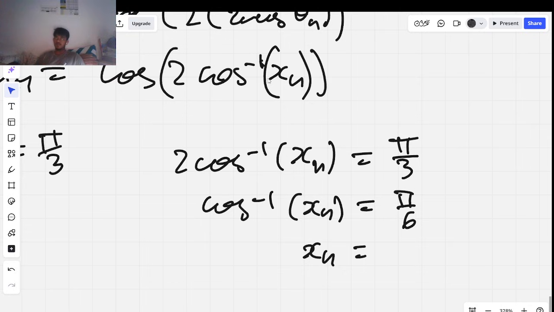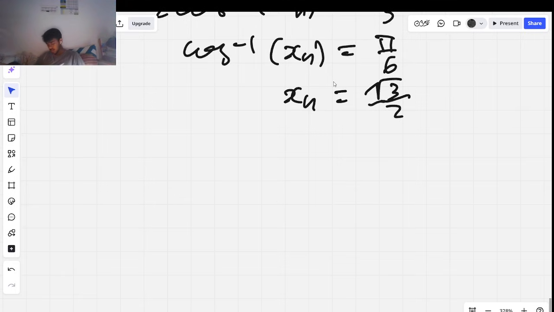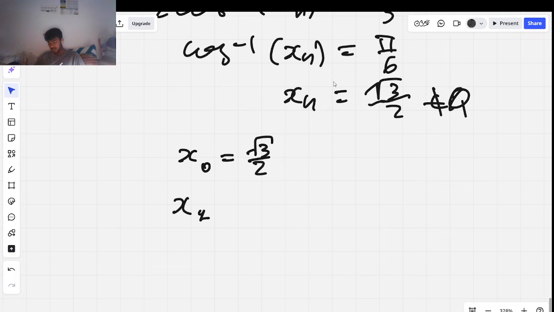Cos pi by 6 is root 3 over 2. If I say that x_0 is that, well, root 3 is irrational, so this is not in Q. So this might be pointless.